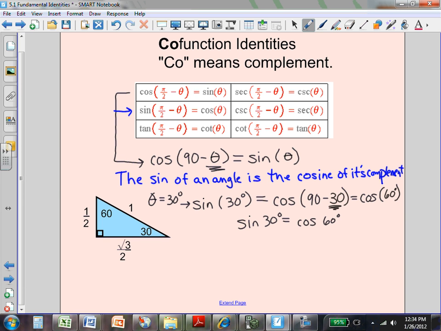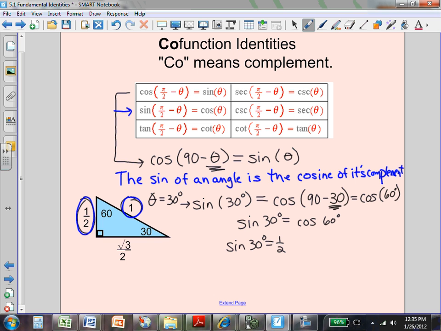Well, let's look at that on our triangle here. If we're looking at the sine of 30, of course we're going opposite over hypotenuse. And you should know these from your unit circle anyhow, but the sine of 30 degrees is 1/2. Now if we're dealing with the cosine of 60 degrees, the 1/2 is now the adjacent side, and the hypotenuse is still 1.